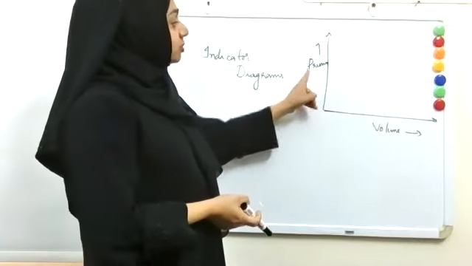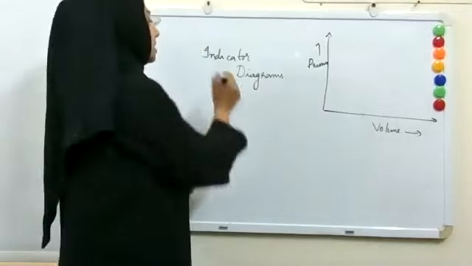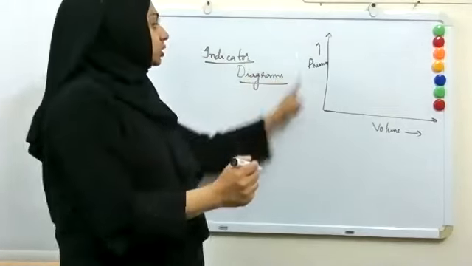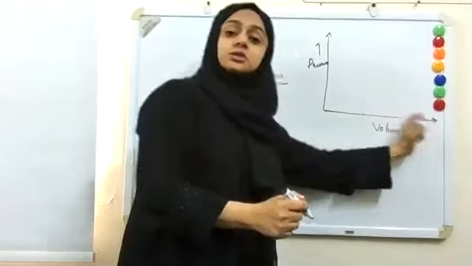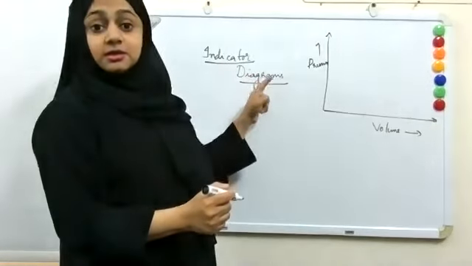So a graph drawn between pressure and volume, by taking pressure along the y-axis and volume along the x-axis, is called an indicator diagram.